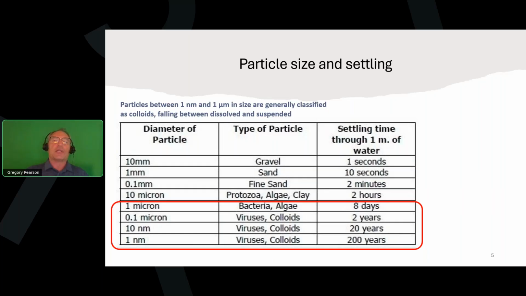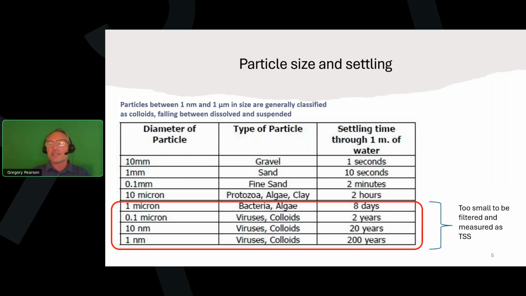And as we get down in size, where the circled area is about between 1 micron and 1 nanometer in size, those are generally categorized as colloidal particles. They're still part of the suspended particles in the water, but they can't actually be measured in a total suspended solids test.